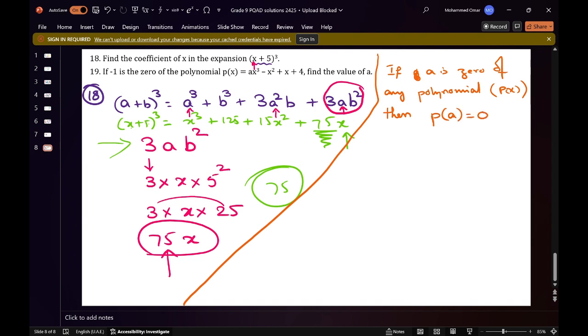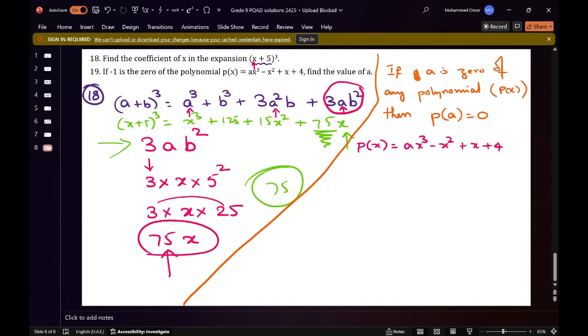If a is 0, then substitute a in place of x, and the result also will be equal to 0. So what is given here? He has given that minus 1 is 0. So write p of x first. P of x is equal to x cube minus a x square plus x plus 4.